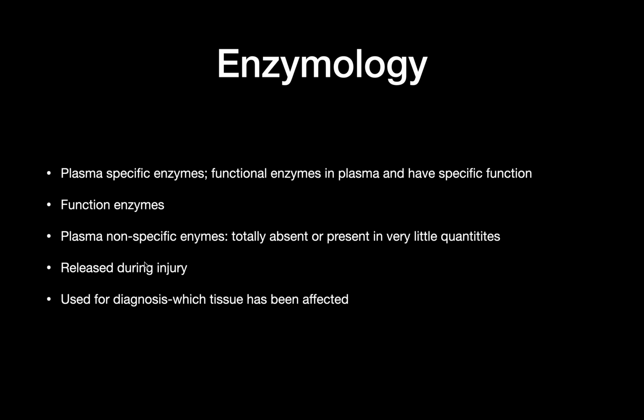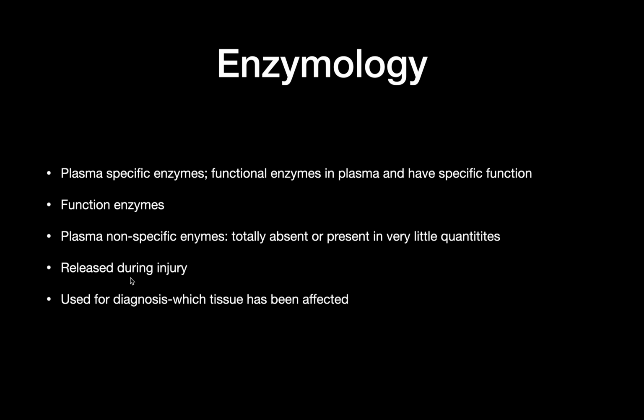So enzymology. Plasma-specific enzymes are the functional enzymes in plasma, and they have their specific functions only in the plasma. And they function as enzymes. Well, there are functional enzymes in cell signaling and receptors.